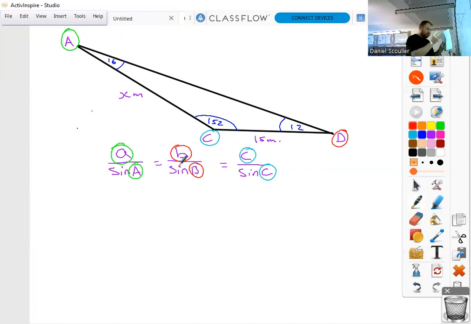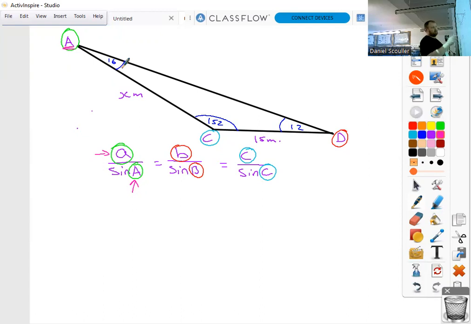You don't have to see an A to label it an A. The small letter a in the formula is the side length of the side across from whatever we've selected as angle A. We've selected this as angle A because it's labelled A in the question, so 16 is angle A.